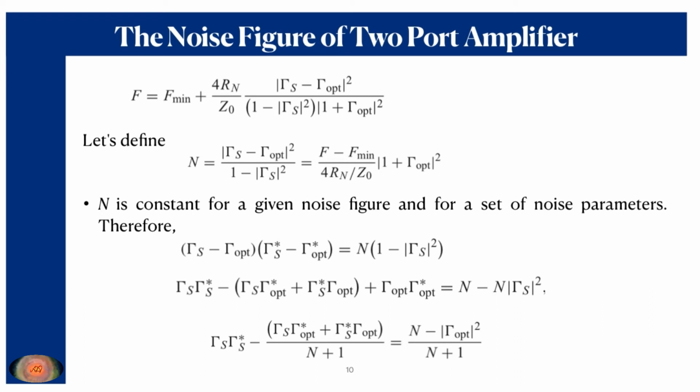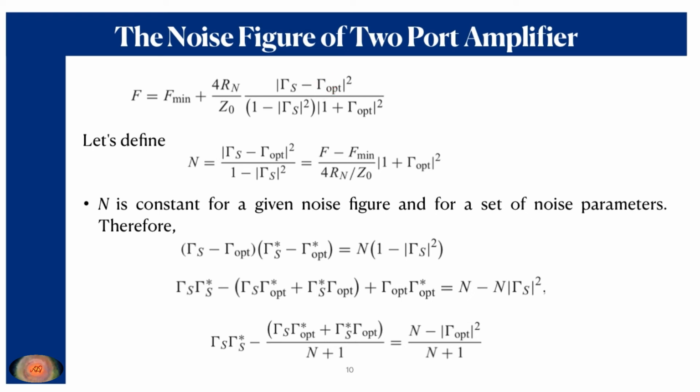Finally, the expression for F you can write in terms of gamma s and gamma optimum as shown in this expression. Now, the reflection coefficient of the source matching network, gamma s, is a constant for a particular design, and gamma optimum, which is the optimum reflection coefficient of the particular device, is also constant, because you can get this from the manufacturer datasheet.